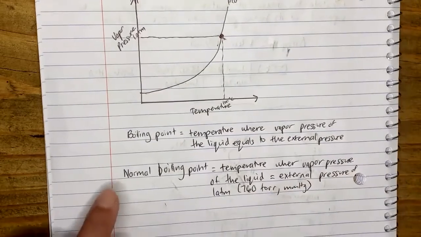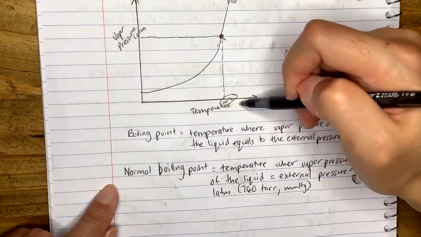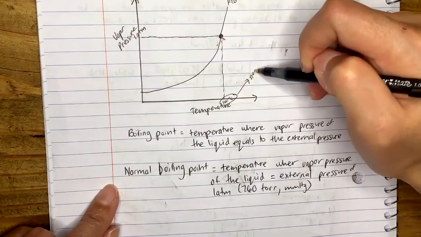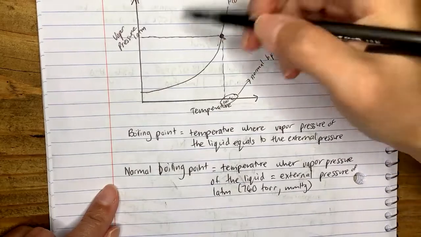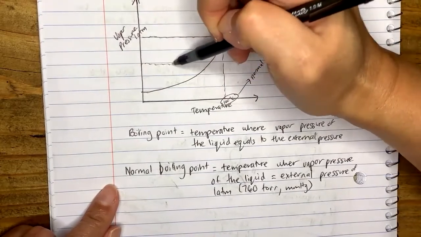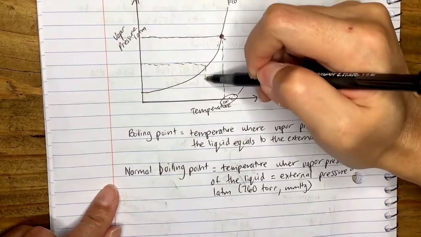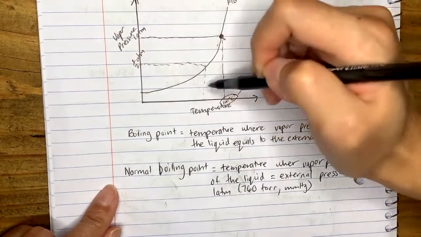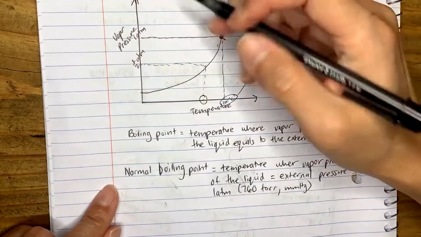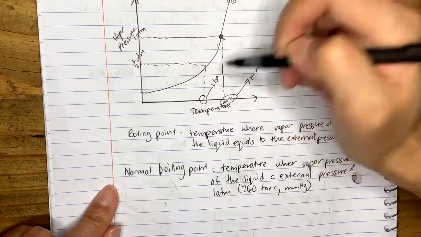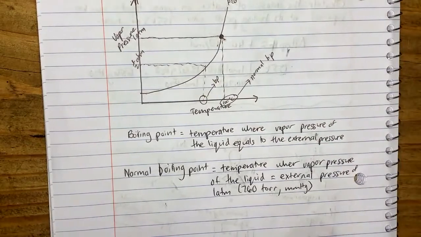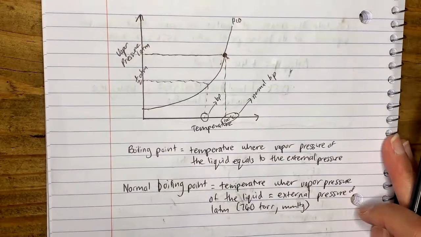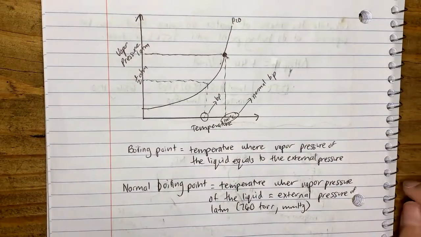So in fact, this guy here at 100 degrees is so common because it's at 1 atm for water. We define that as our normal boiling point. If you want to do one at half atm, whatever this temperature is, this is a boiling point. It's not a normal boiling point because it's not 1 atm. Only 1 atm is called normal boiling point. Any other pressure, you just call it boiling point.